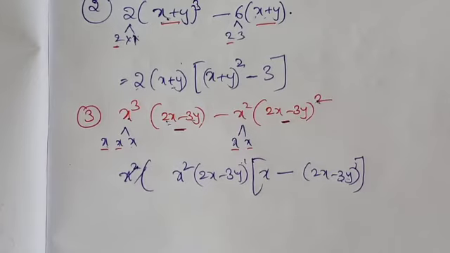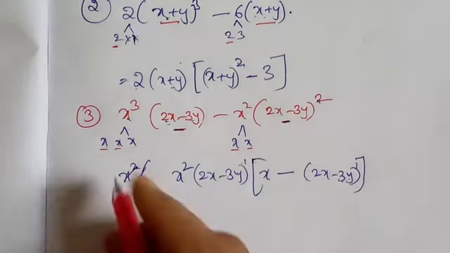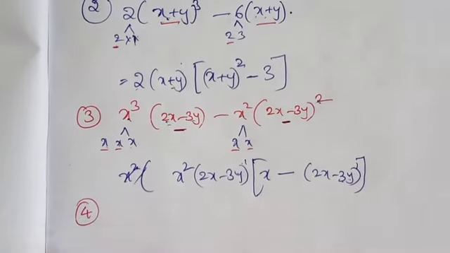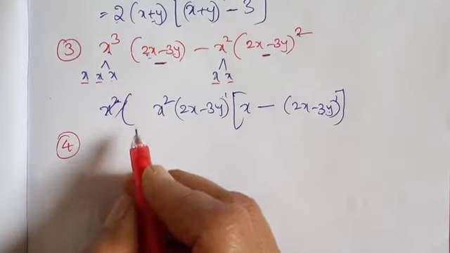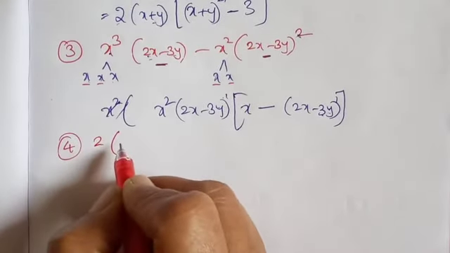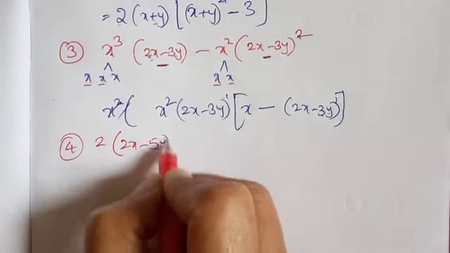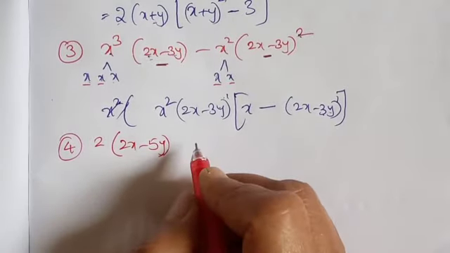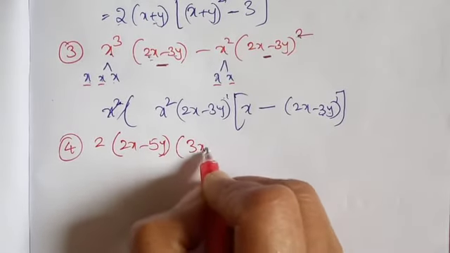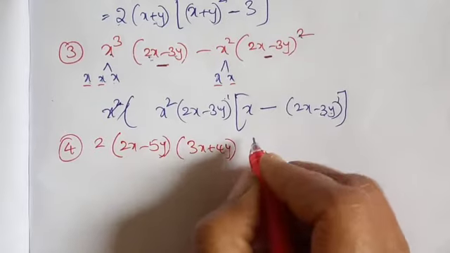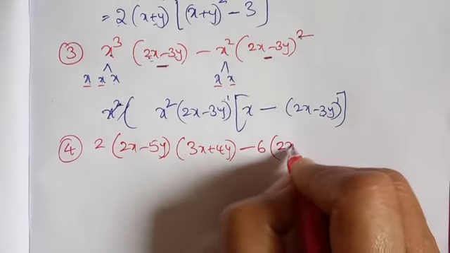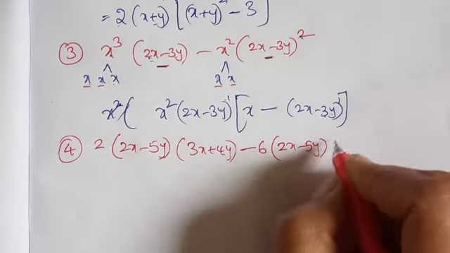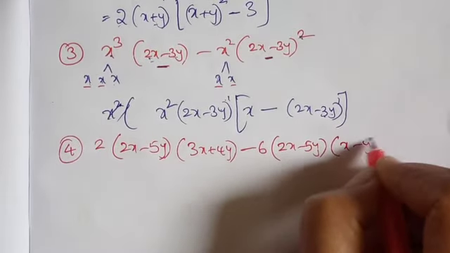Last but not least of this exercise, the fourth one. What is the fourth one? (2x minus 5y) into (3x plus 4y) minus 6 (2x minus 5y) (x minus y).